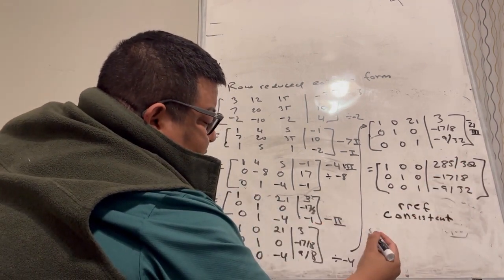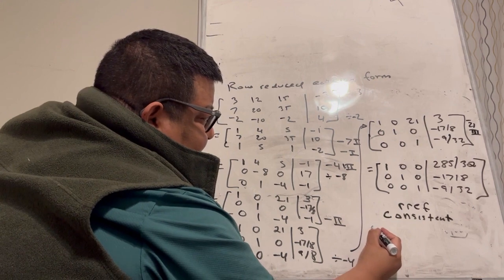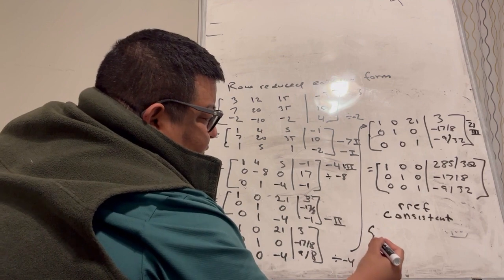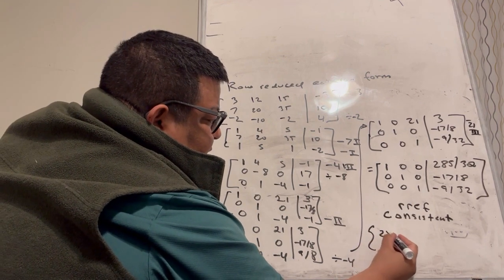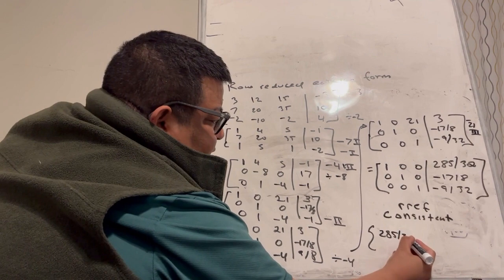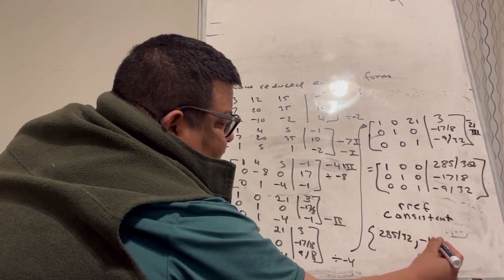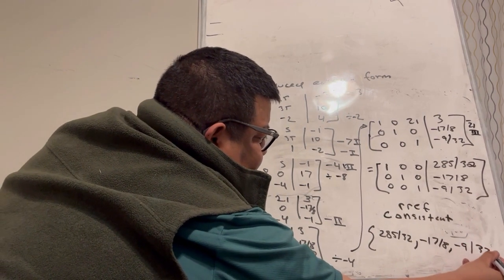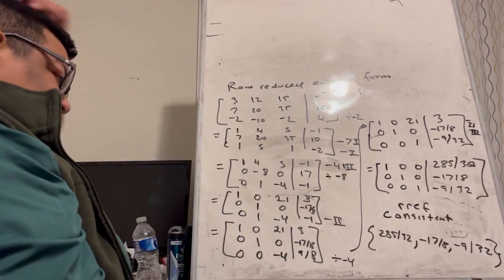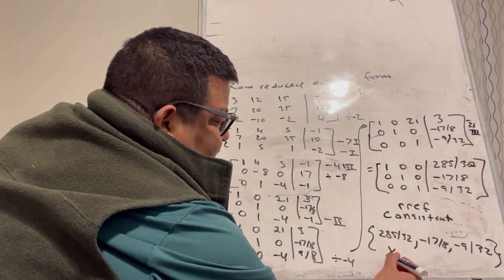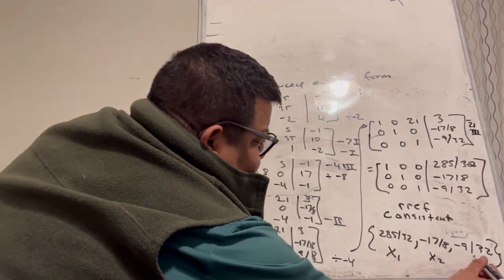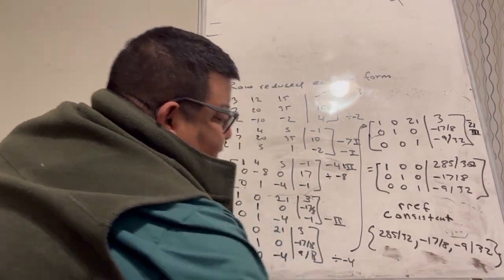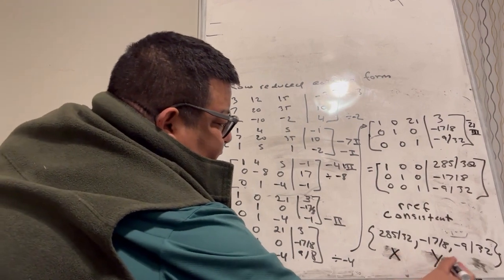So you can say the solutions are 285 over 32, comma, negative 17 over 8, and then negative 9 over 32. Where this could be your x1, x2, and x3. Or it could be x, y, and z.